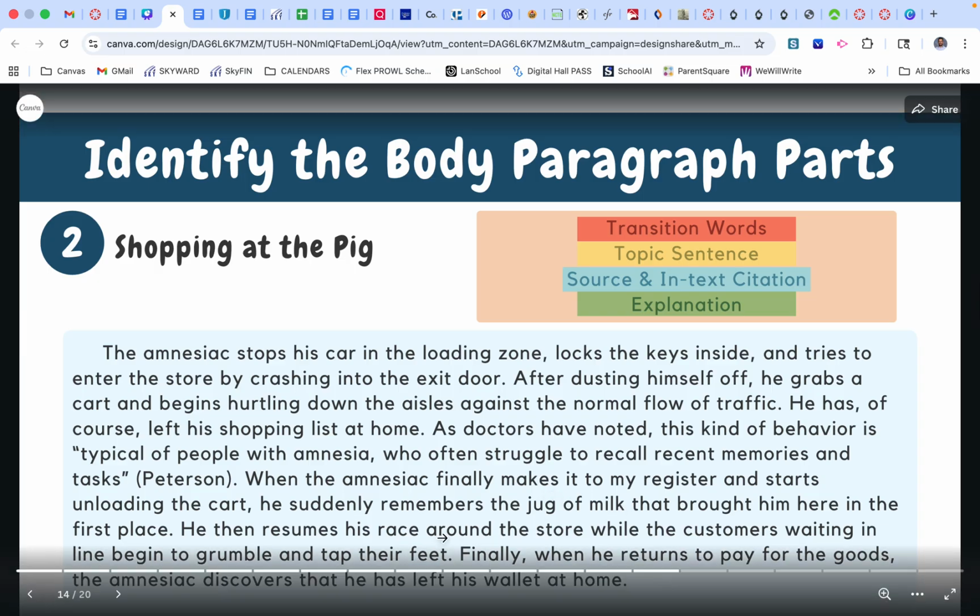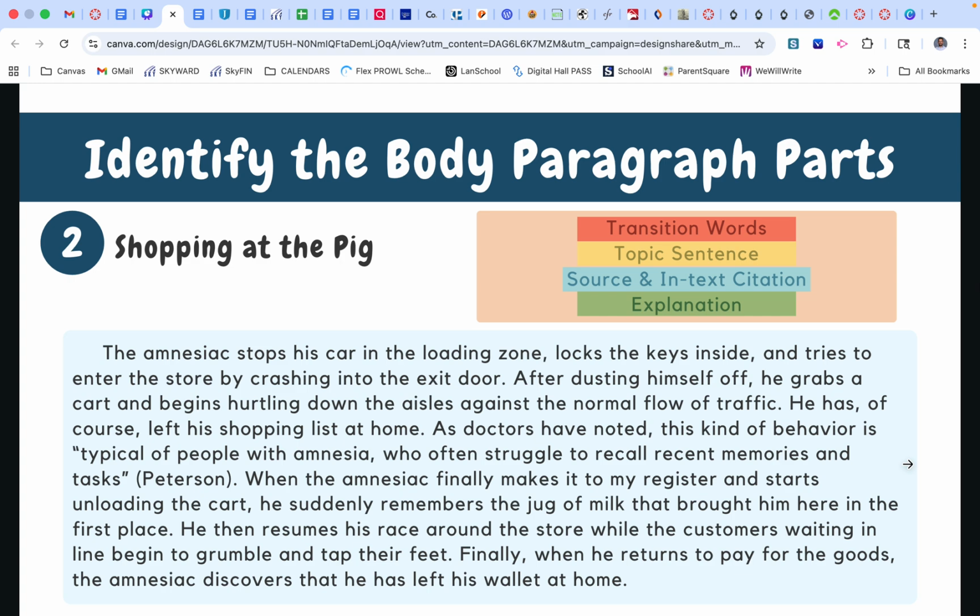He then resumes his race around the store while the customers waiting in line began to grumble and tap their feet. Finally, when he returns to pay for the goods, the amnesiac discovers he has left his wallet at home. So you go from that intro talking about 3 different people and all the crazy things that are going on in the store to, let's talk about this reason, this amnesiac.